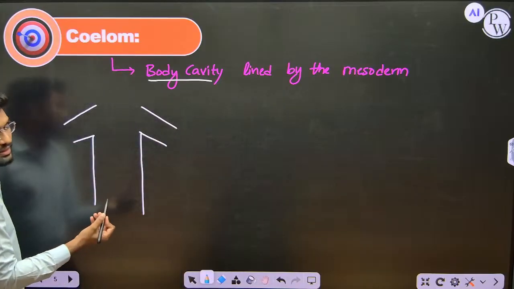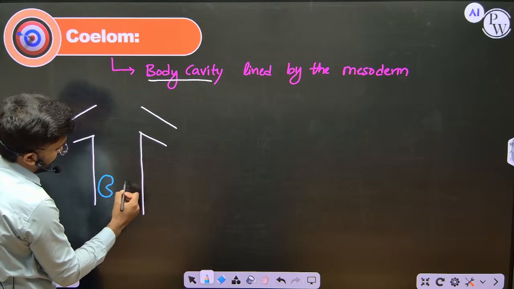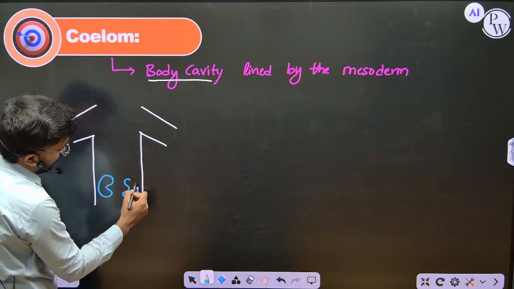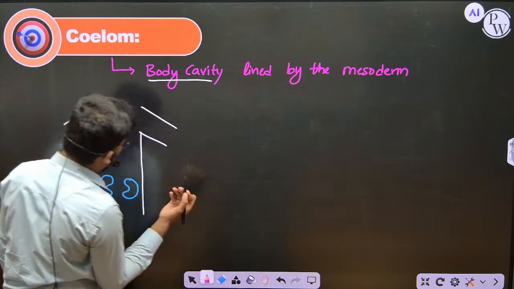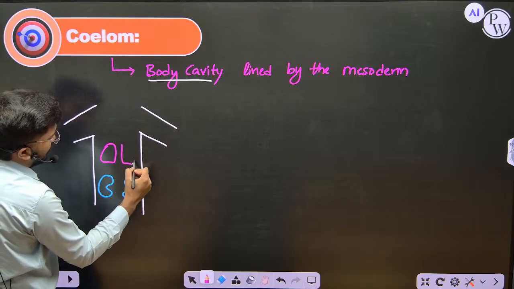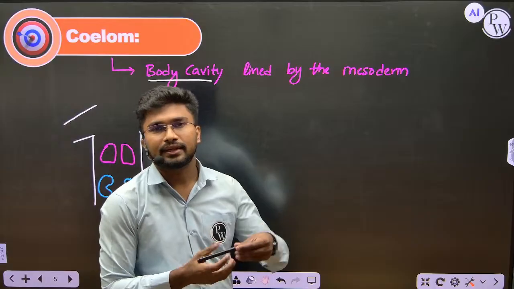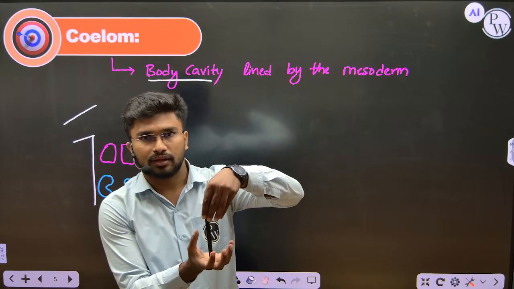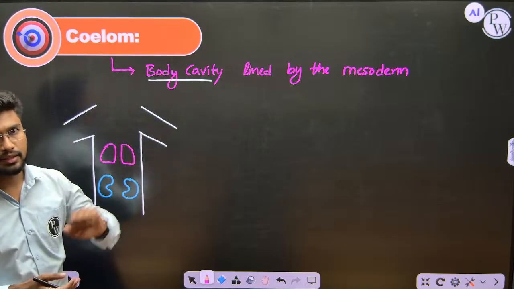We have organs, like kidneys, lungs and others, and those organs can be accommodated in that space. So body cavity is present in our body, and in it our organs are situated. That is one function of the coelom.